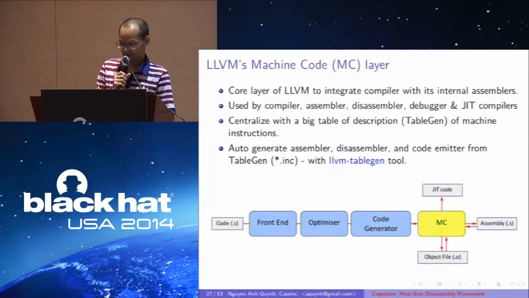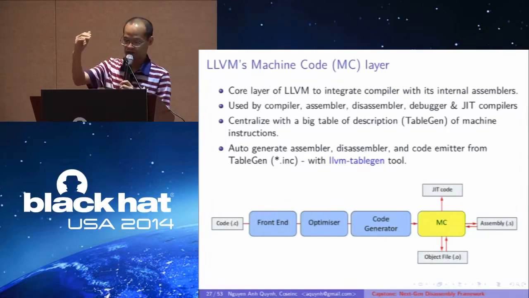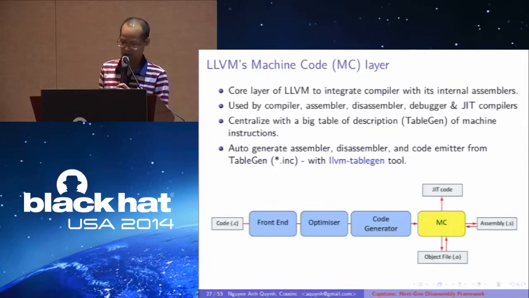And MC is built around one big table of descriptions, or TableGen in short. This TableGen describes all the machine instructions of every architecture. So every architecture has a very big TableGen which describes all the instructions of that architecture.